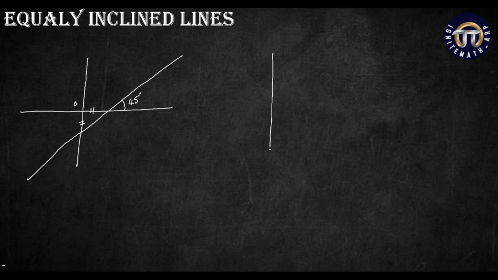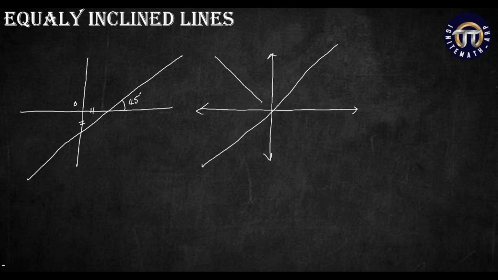Or else, whenever I'm saying two lines are equally inclined with the coordinate axes, one line would be going like this. These are the coordinate axes, right? And another line would be going like this. It's not necessary that they should pass through the origin, children. The only thing is they should make equal angles with the x-axis.